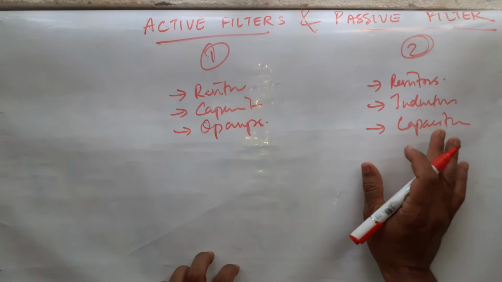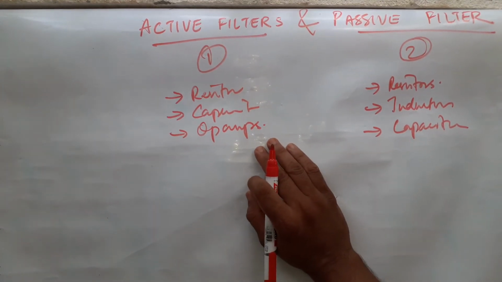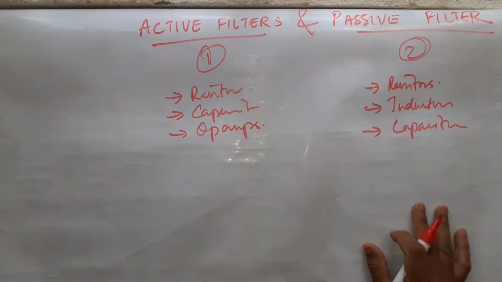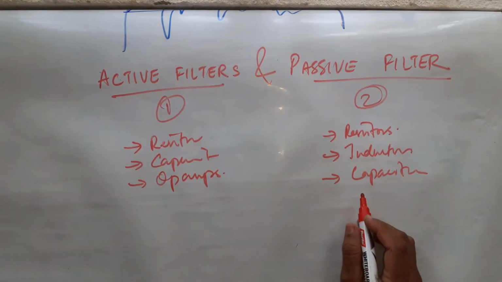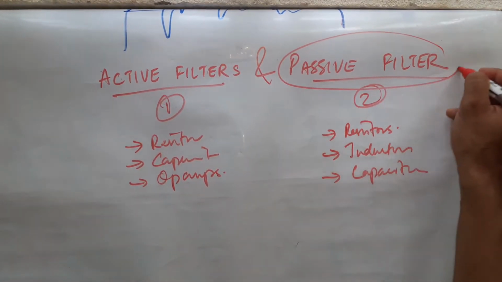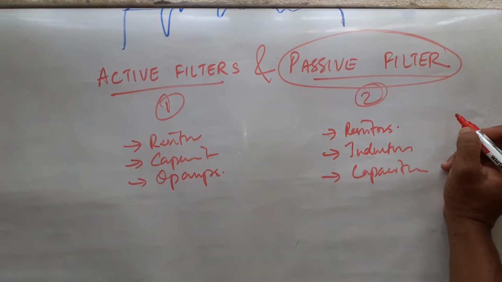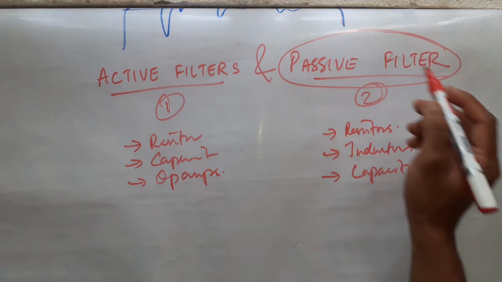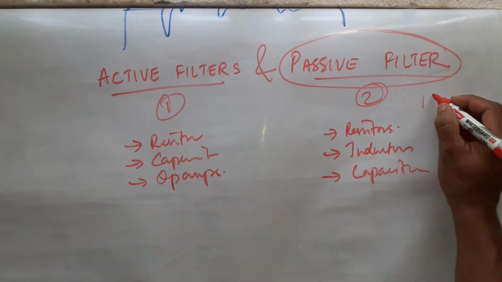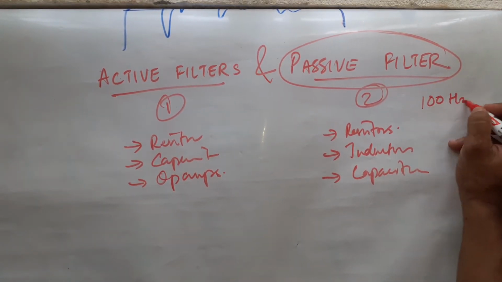Both active filters and passive filters have their limitations as well as advantages. For example, passive filters cannot be used for very low frequencies. There is a limit, like it cannot be used below 100 Hertz.